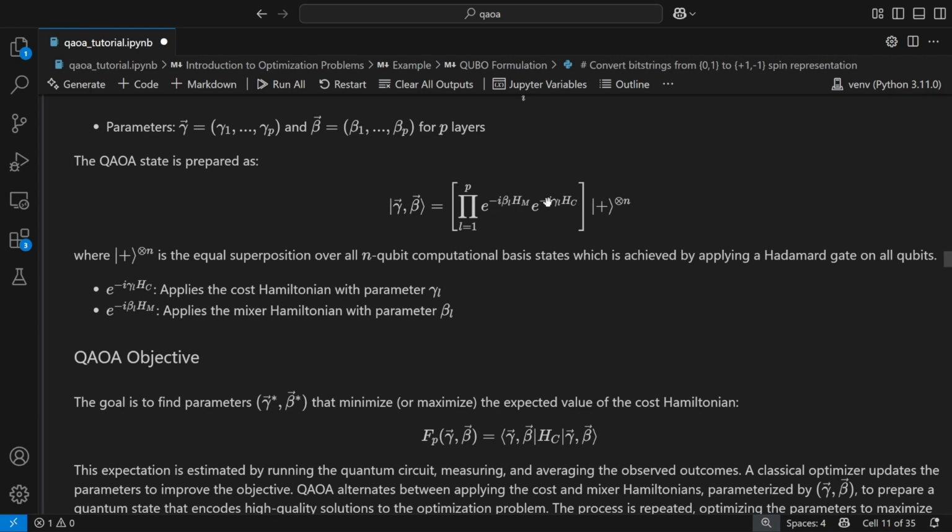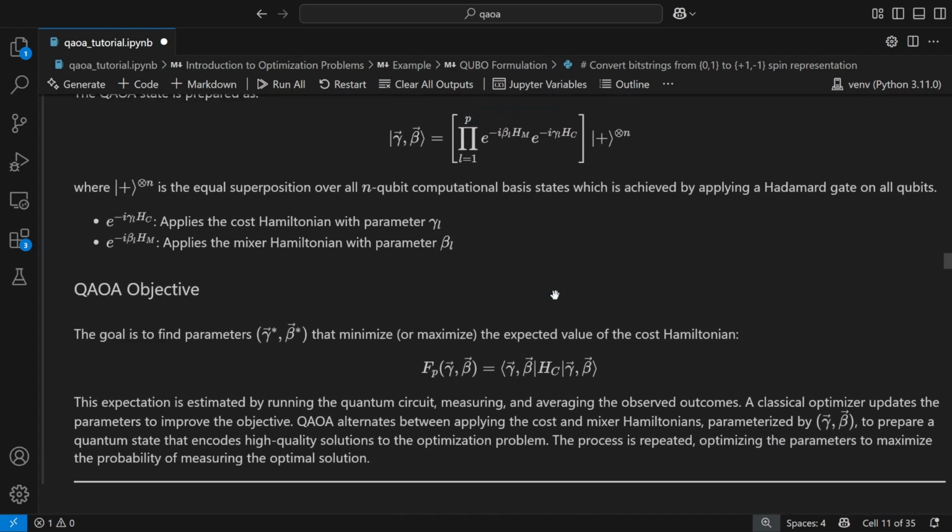Note that we cannot simply combine these two exponentials into a single term because the mixer and cost Hamiltonian do not commute, and we're not allowed to express them as a single term. The cost Hamiltonian is applied with a parameter gamma, and the mixer Hamiltonian is applied with a parameter beta. And the parameters are the same for all the qubits, but they change from layer to layer.